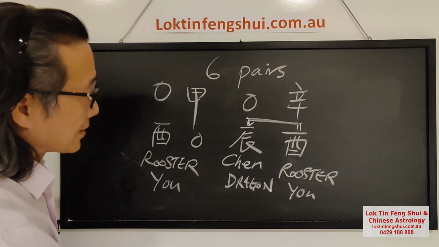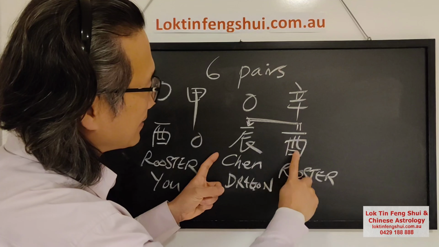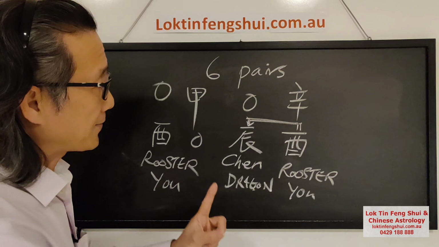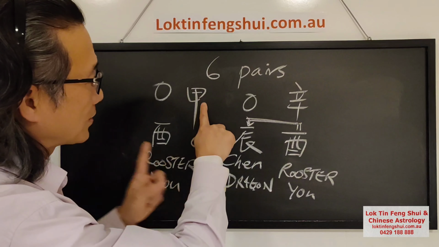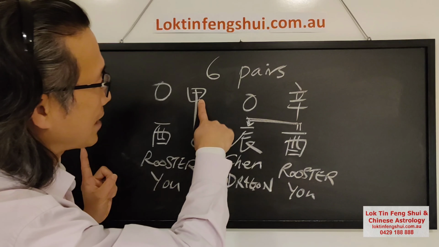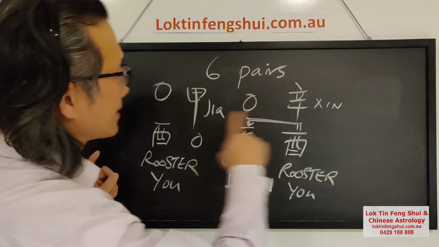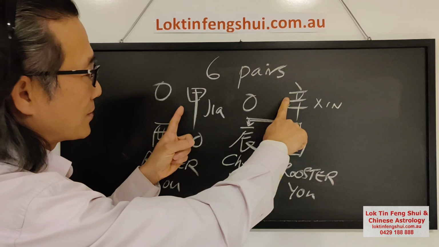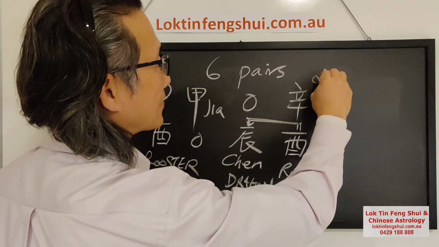So when the dragon and the rooster combine, they become metal, right? Metal is the power or officer to the wood, to the Jia wood here. That's the Jia, and that's the Xin. Because metal controls wood, that is the officer.